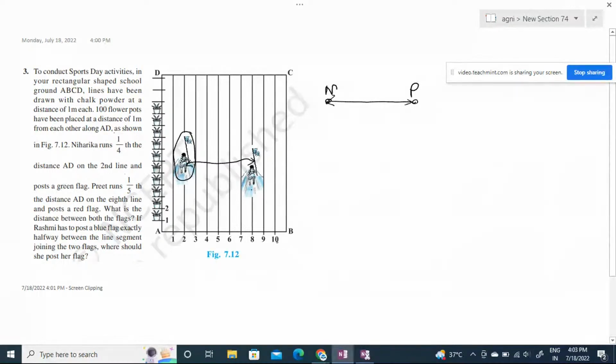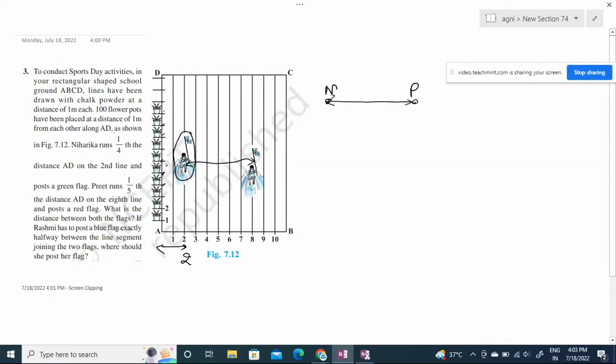Now this is 1 centimeter, so this is 10. So you can say this coordinate is 2 and this coordinate, 1, 2, 3, 4, 5, 1/4 of the distance, 6, 7, 8, 9, 10, 11, 12, 13. So 1/4 of the distance, that is 13 by 4.